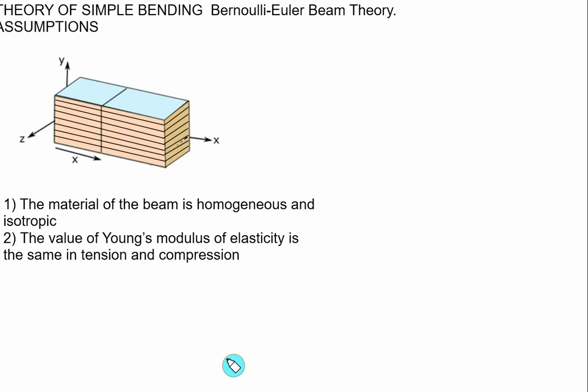As the first assumption, the material of the beam is homogeneous and isotropic. It means that there is no variation of the Young modulus along the x-axis, y-axis and z-axis, so the value of E remains the same. The Young modulus of elasticity is the same in tension and compression, and we assume the material is elastic.